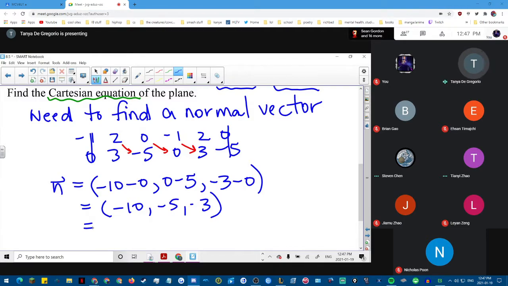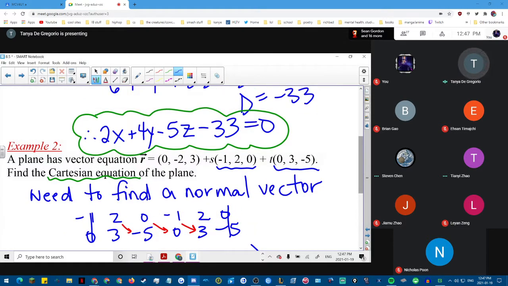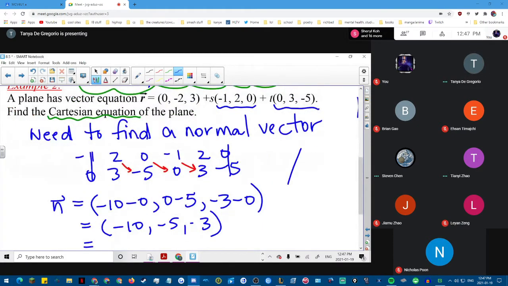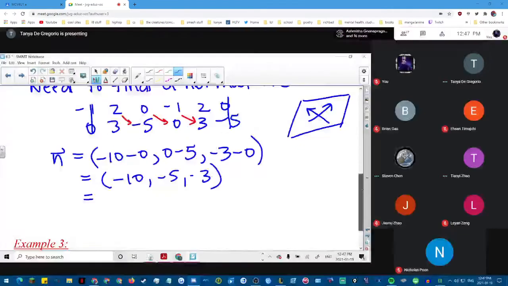So if both of these vectors, -1, 2, 0 and 0, 3, -5, lie on the plane, it doesn't matter, we just know that they lie on this plane, right? So let's say they're like this. And I cross these two, then it gives me a vector that is perpendicular to both of them. And so I know that it must be perpendicular to the plane. That's what the cross product is, right? Yeah, thank you. No problem.